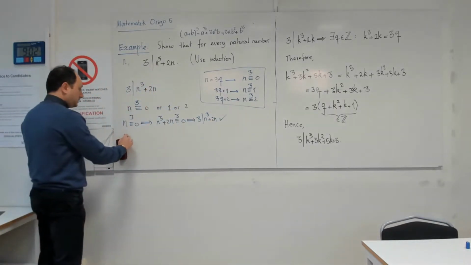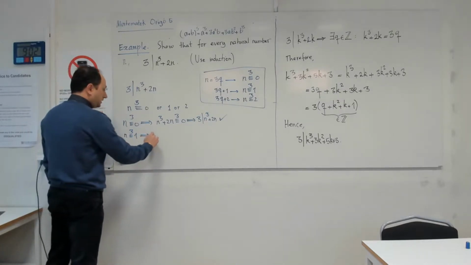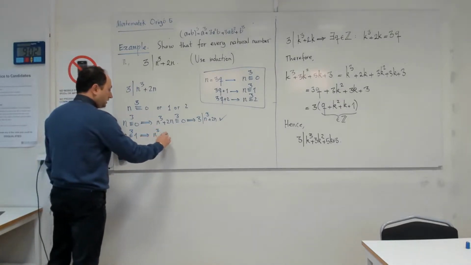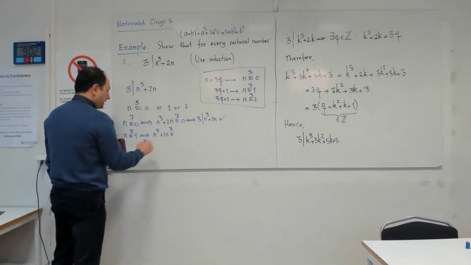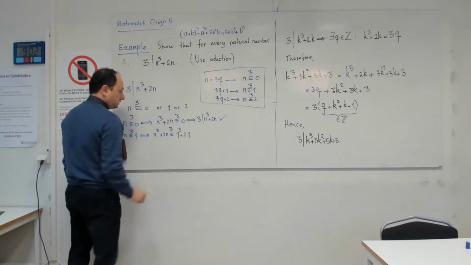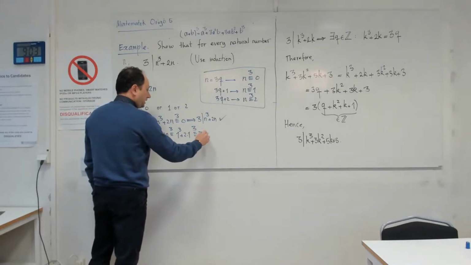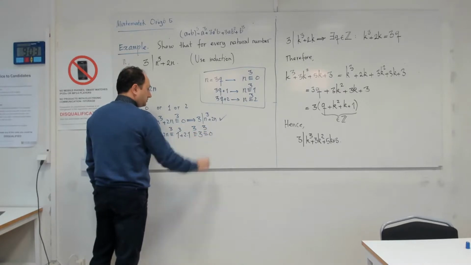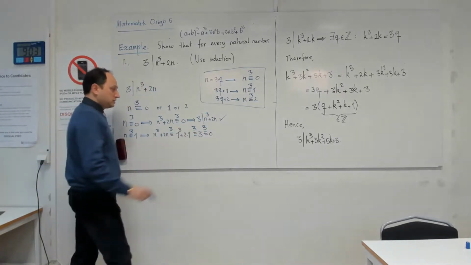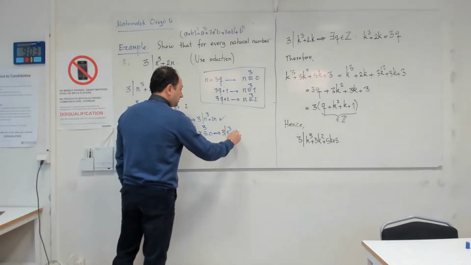If n is congruent to 1, then what happens? Then n to the 3 plus 2n, instead of n, I put 1. So this becomes equal to 3, but 3 in modulo 3 is 0. So again, the remainder is 0, so this means that 3 divides n to the 3 plus 2n.